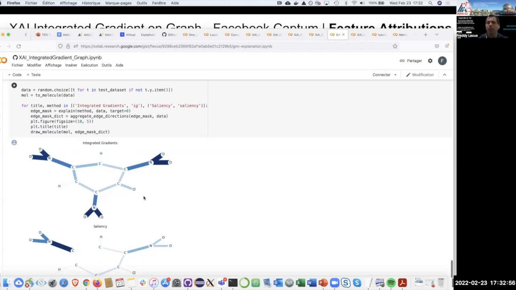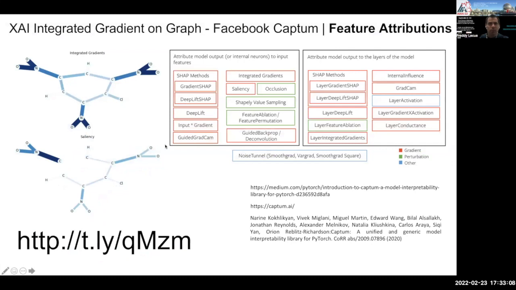You have a graph, then you can learn a model based on the graph structure, and then you can apply classic neural net architectures. Very nice work. I'd strongly encourage it if you have graph structure. All of those techniques you see here can be used. We use integrated gradients and saliency, but you can use others.